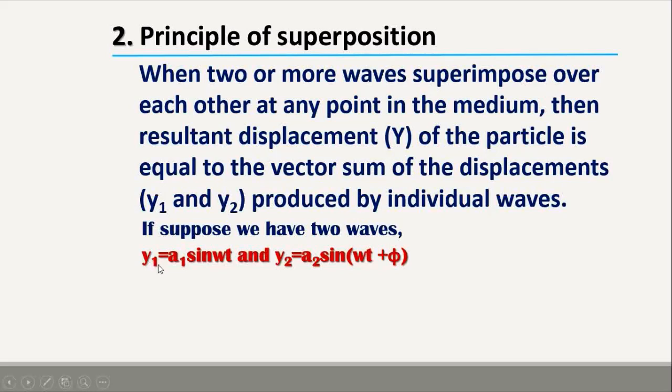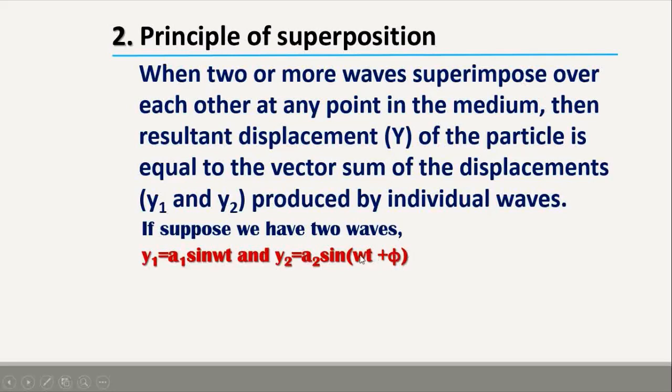So I can express the displacement produced by the first wave as a1 sin omega t, where a1 is called the amplitude of the first wave. Similarly, y2 is the displacement produced by the second wave, and this is a2 sin (omega t plus phi). Here I have added one extra term phi because I have taken an initial phase. So phi is called the initial phase.